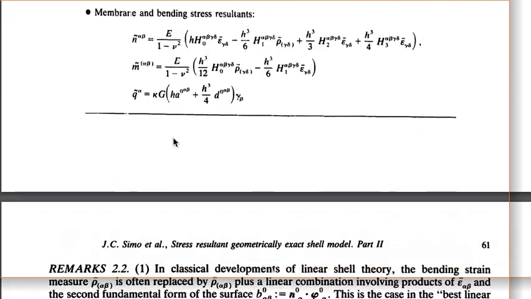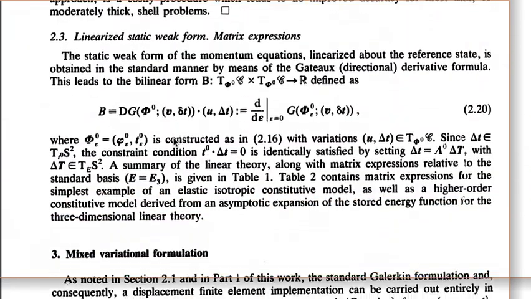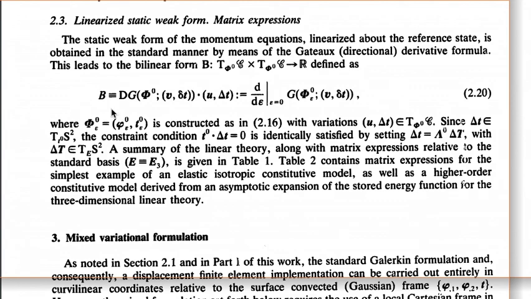Then this is incorporated within the final expressions to give us this equation, which is the linearized static weak form, and then this is solved further. So that is the entire summary of whatever is covered in part 1.